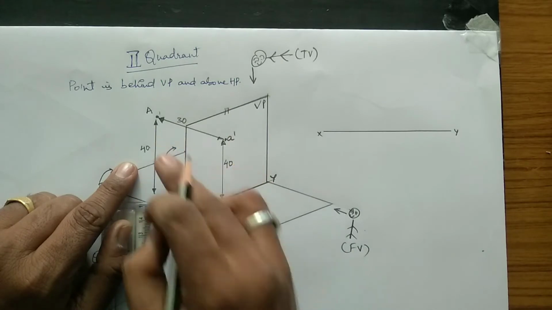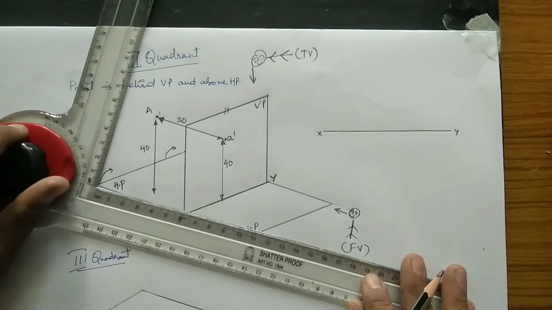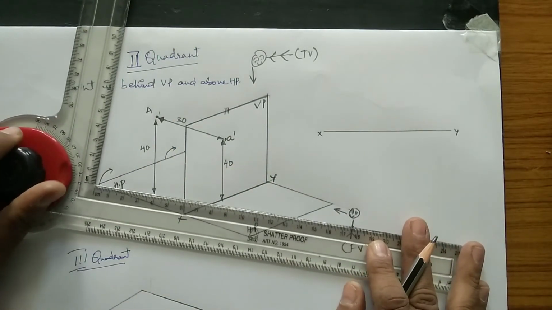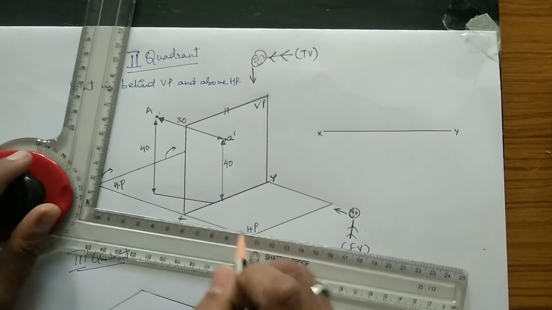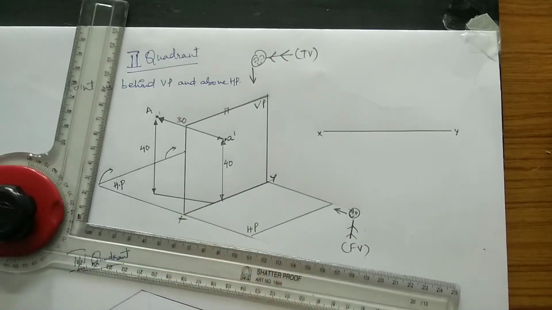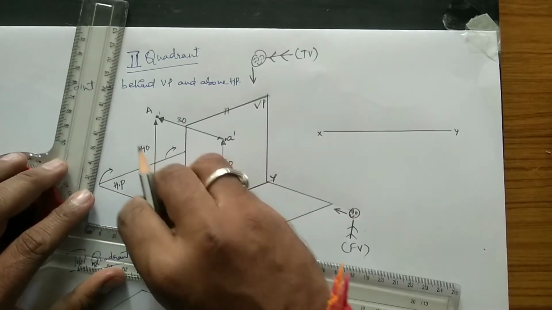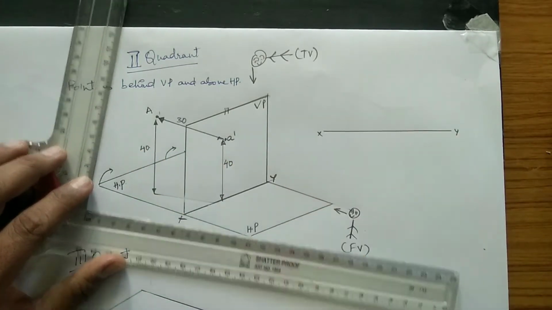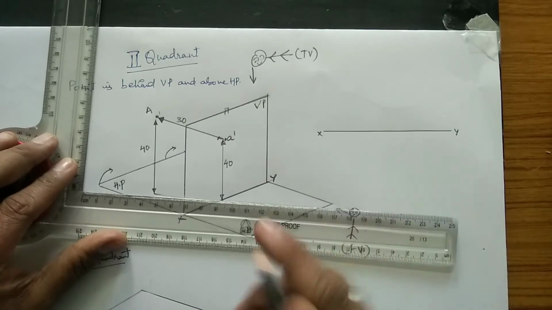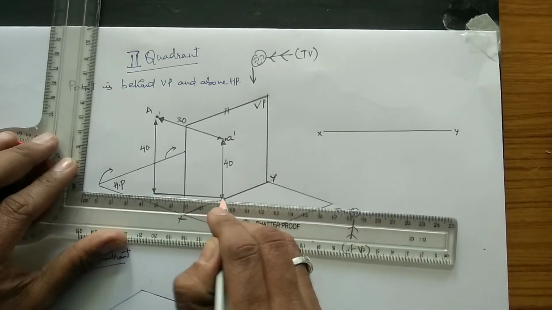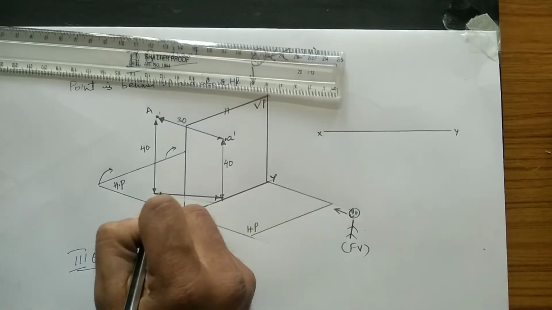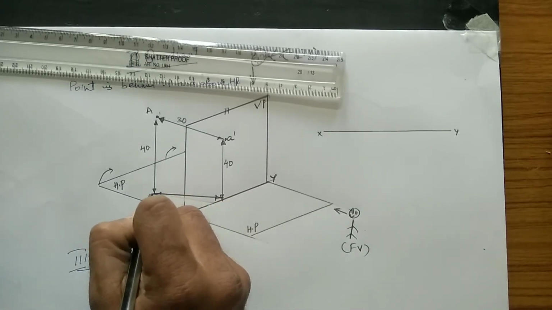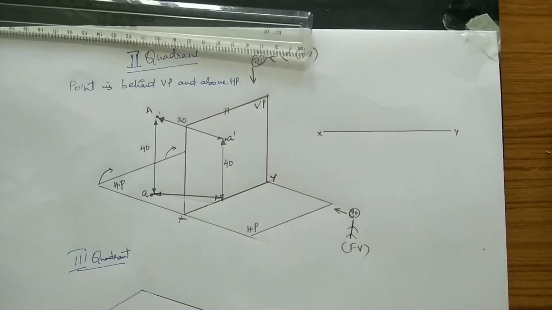When it is seen from the top view, it is at a distance of 30 mm from the XY line. This point I mark as A.